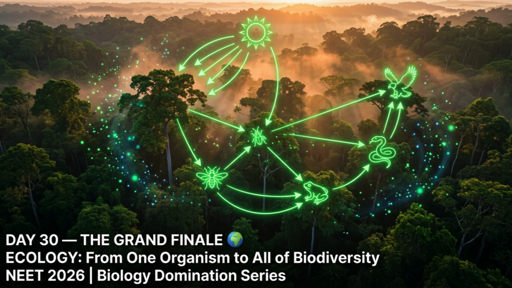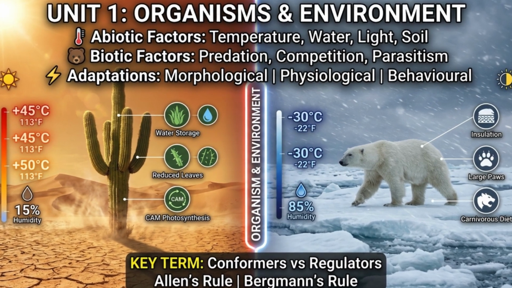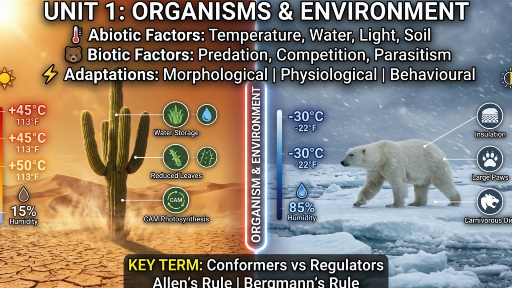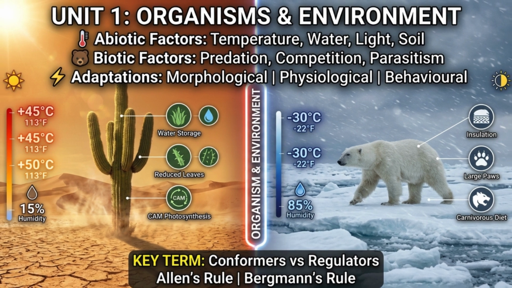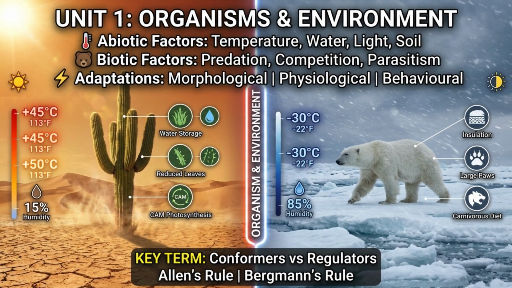Let's finish strong. Let's start with the foundation, organisms and their environment. Every organism lives within a habitat, and that habitat throws challenges at it constantly. Abiotic factors, temperature, water, light, and soil, determine where an organism can survive. Biotic factors, other organisms, determine how it survives.